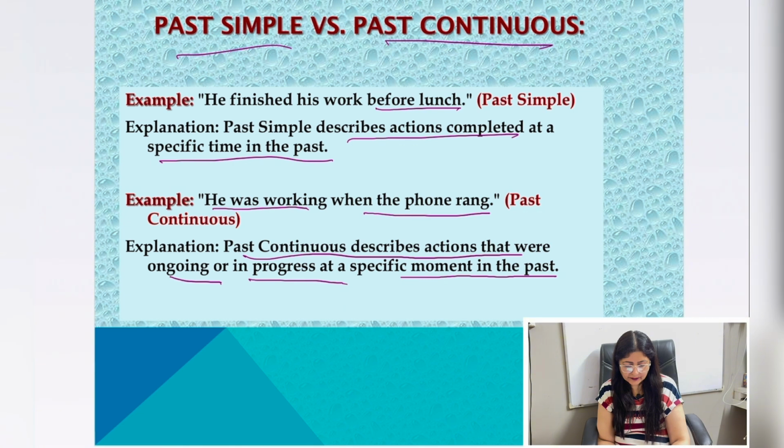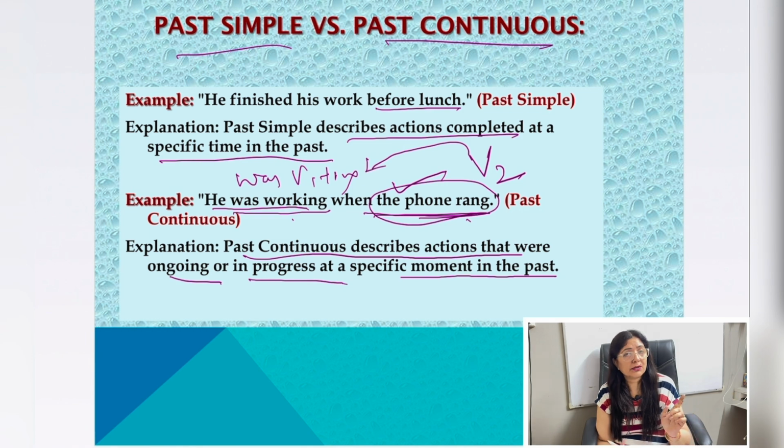For example, when the phone rang, then she was doing that. So you have to make use of was and V1 ing, because already this action is done in past, it is V2. So here the continuous will be past continuous, not present continuous. Okay.